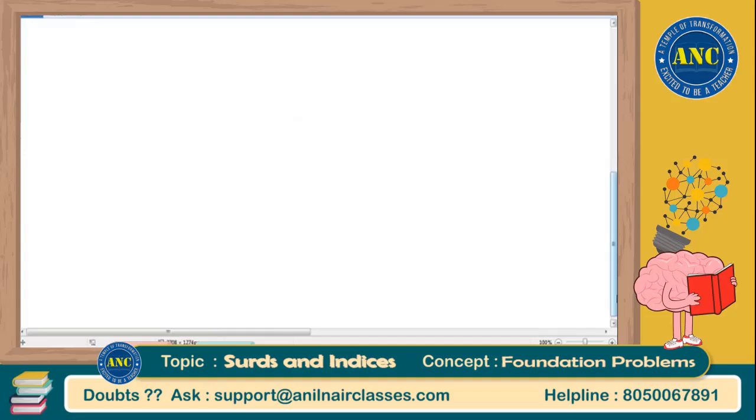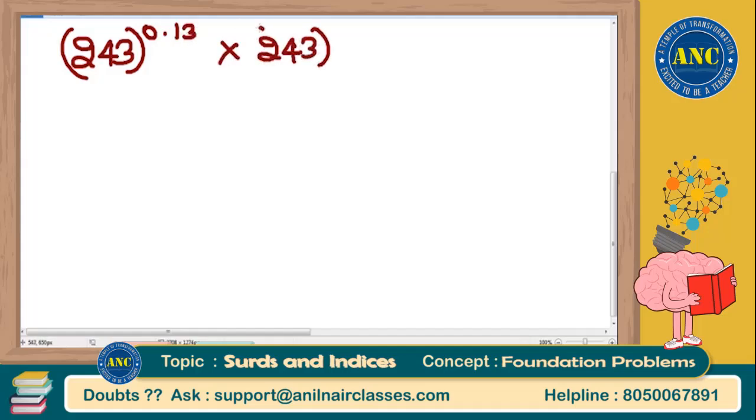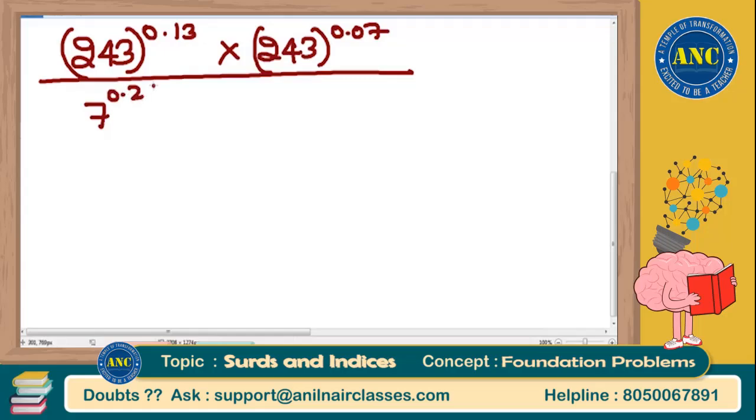Similarly, another variety of question. In fact, this also we have solved earlier, but it is in division. It makes no difference. 243 power 0.13 into 243 power 0.07, divided by 7 power 0.25 into 49 to the power of 0.075.